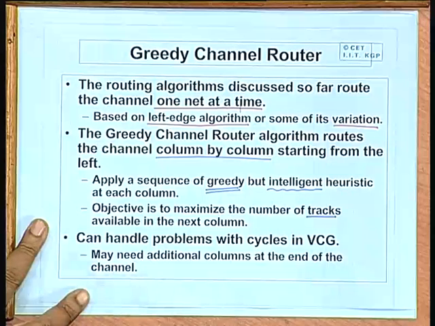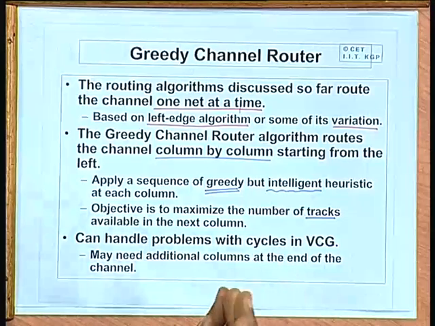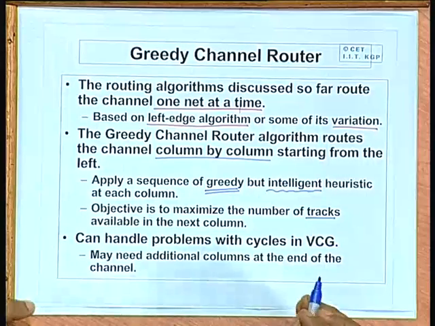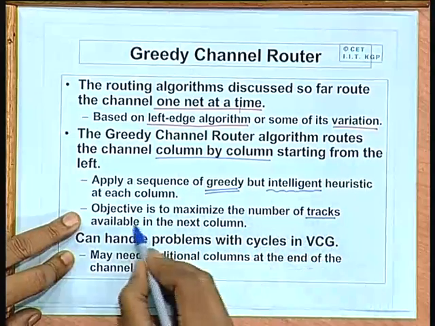So, if you take some greedy decisions at the current column position so that the number of free tracks in the next column position gets maximized, possibly you will be getting a good solution subsequently. The objective is to maximize the number of tracks available in the next column.